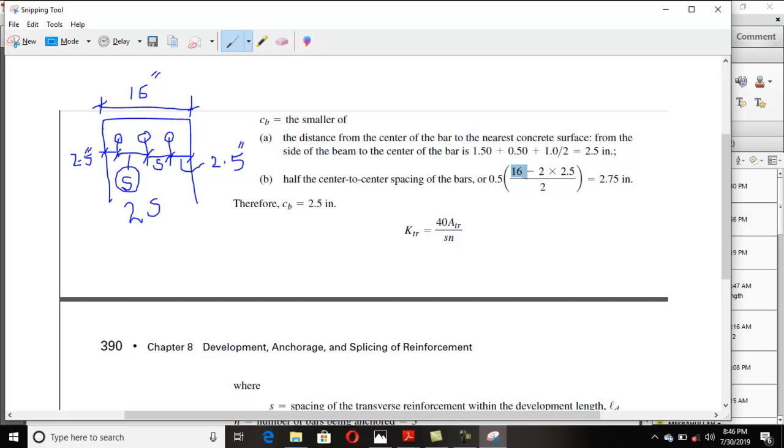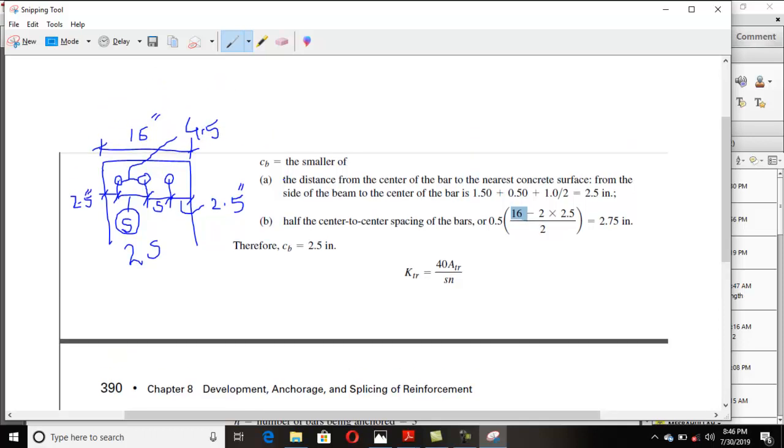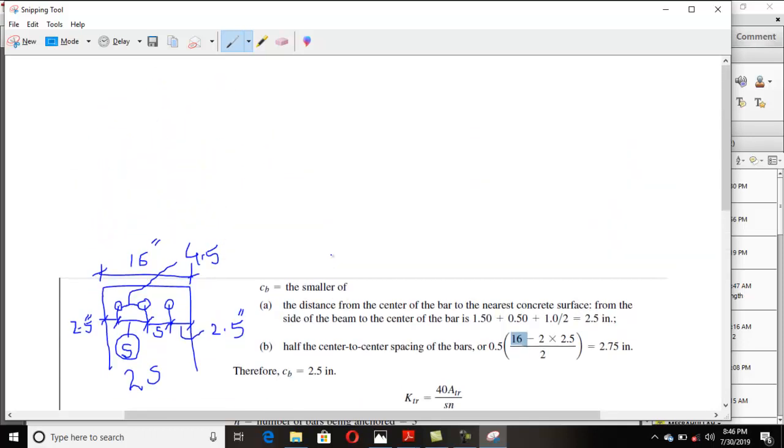So 16 minus, if you subtract, basically in the first step we see that this clear spacing I think is 4.5 inch, which we will get.